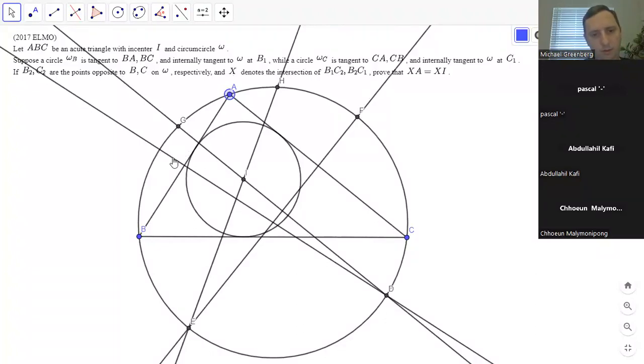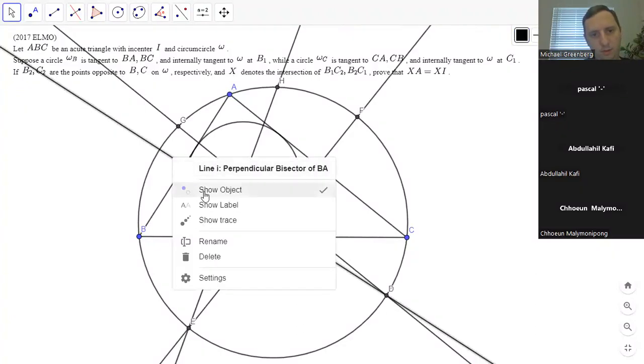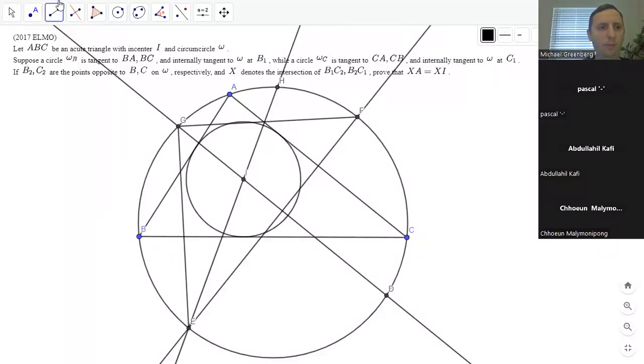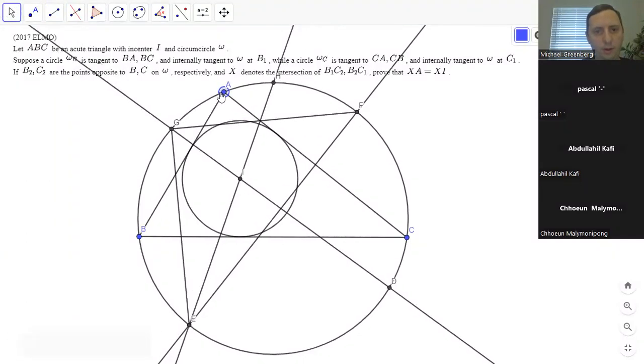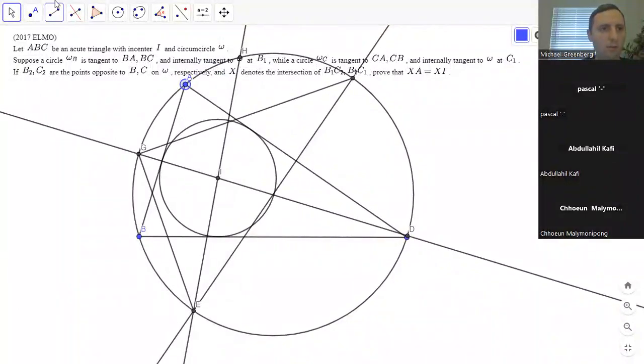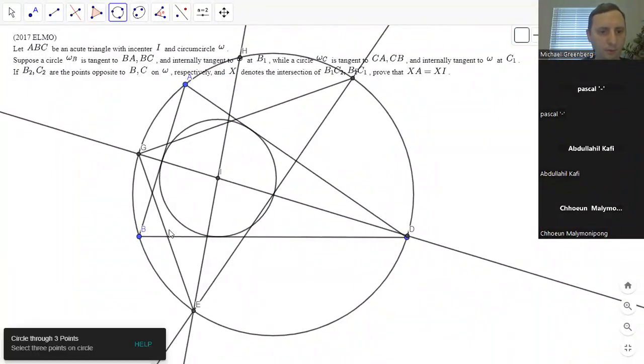I think I should draw GF and GE, and this will give me the two mixtilinear. So these should not be collinear in general. But here's a mixtilinear incircle.